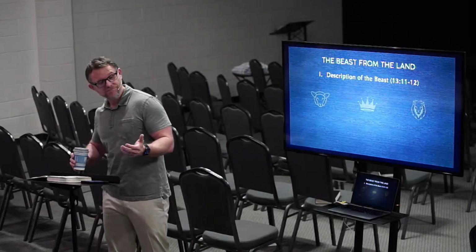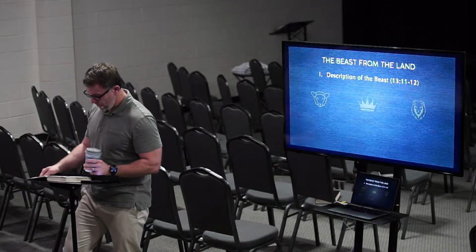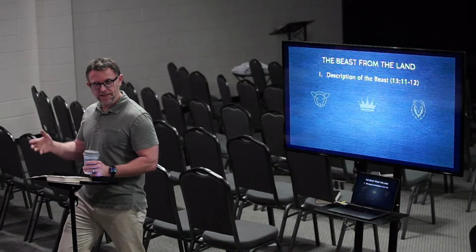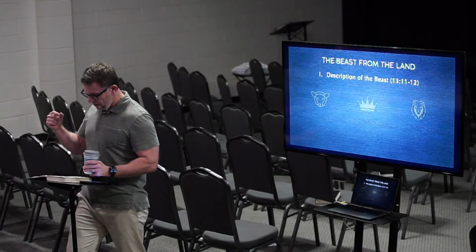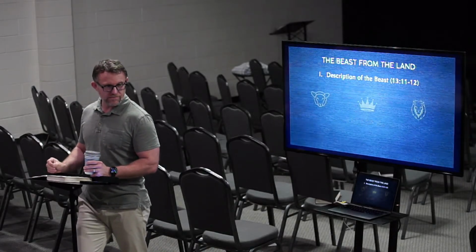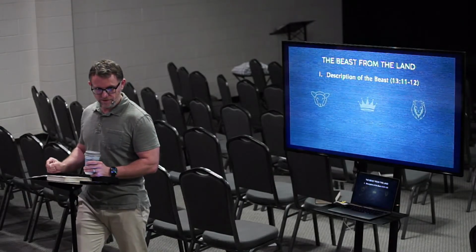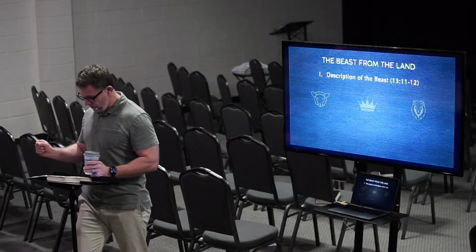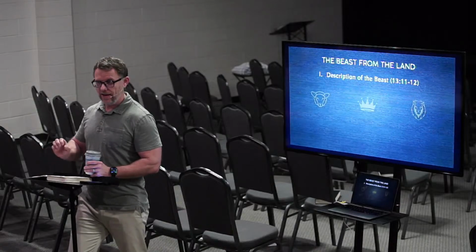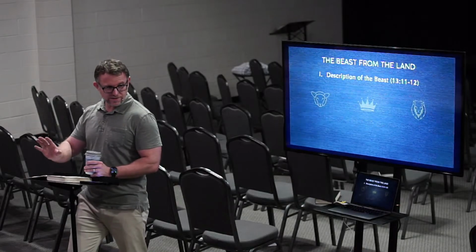So again, we're going to start off with a description of this particular beast. Verse 11, then I saw another beast rising out of the earth, or out of the land. It had 2 horns like a lamb. So that lamb imagery, Jesus is the only other lamb in the book of Revelation. It had 2 horns like a lamb, but it spoke like a dragon. So it can appear in forms that seem to represent Christ.